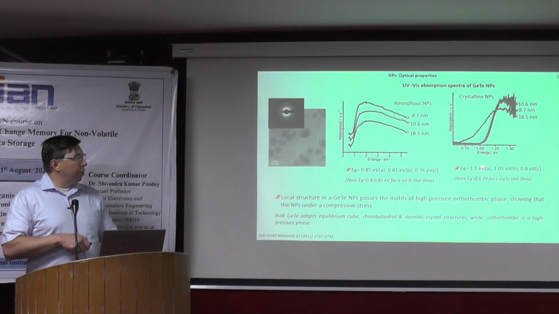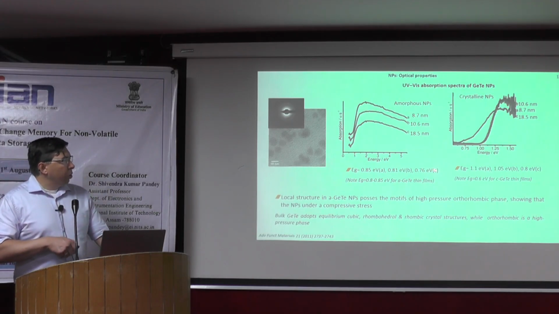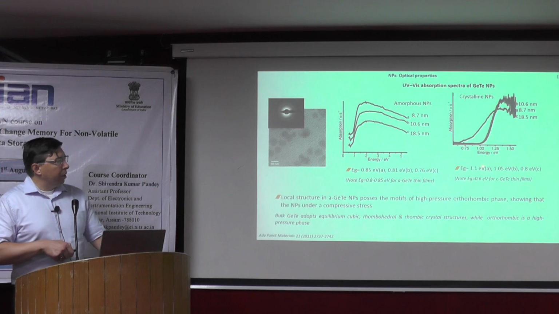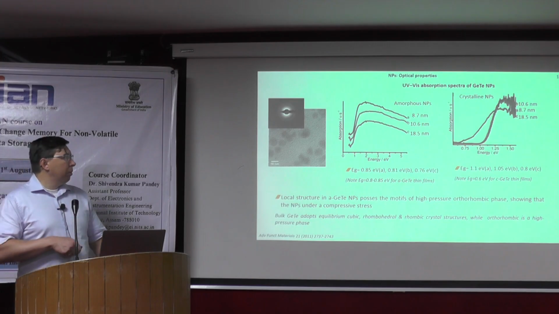So this is a huge difference, almost double here, and it also changes in the other way. So it's somehow reversed. Here we have an increase of band gap, and here in the case of the thin film system, we have a decrease of the band gap value.